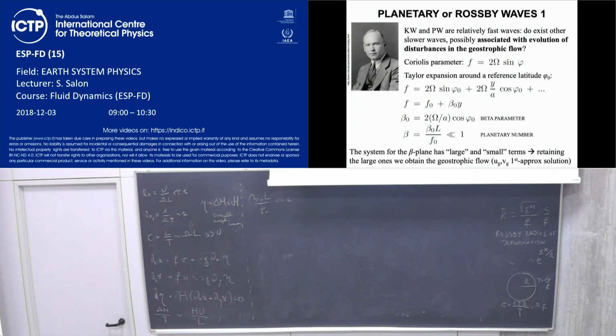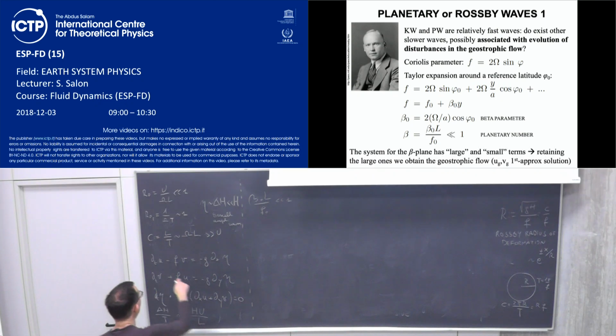Of course, this also tells us that this term here is much smaller than f0. So again, like we did with the Boussinesq approximation, we add a sort of perturbation to f. That's why Rossby called this a planetary effect, a planetary perturbation, because it's given by the fact that we are actually on the planet, and that f, the Coriolis parameter, has a meridional dependency, which in the most general case cannot be considered as constant.